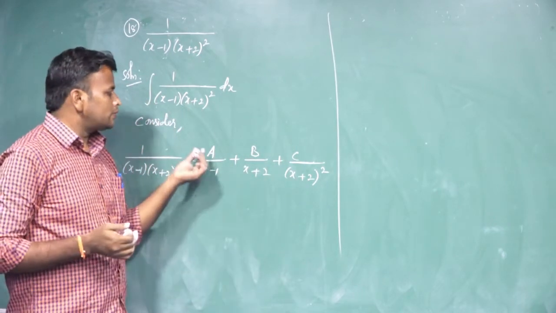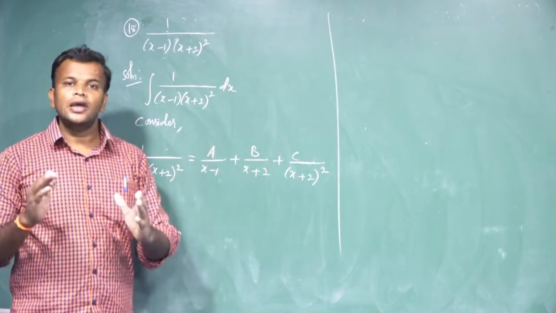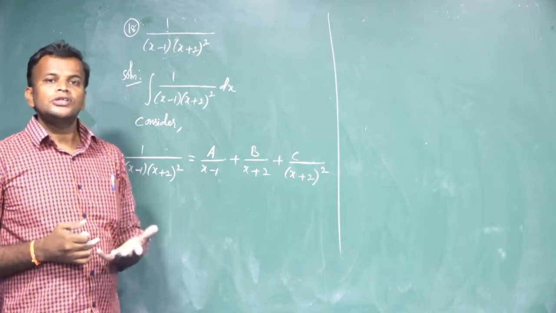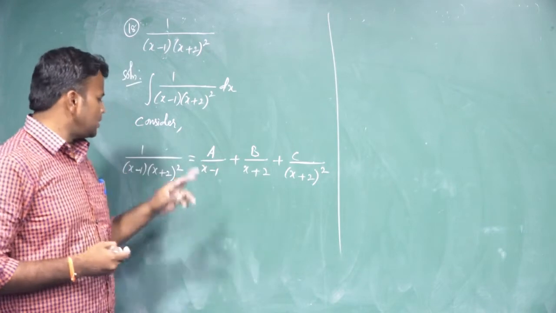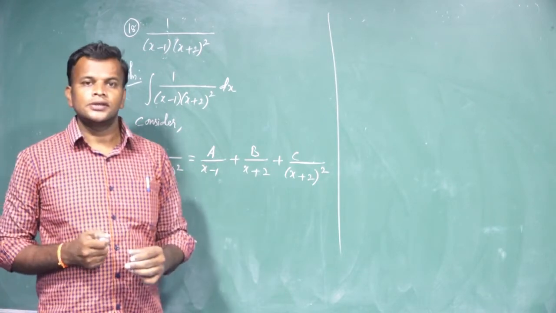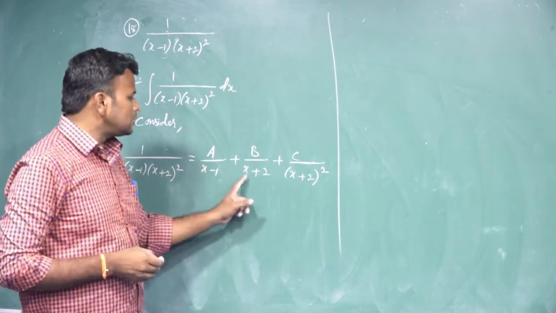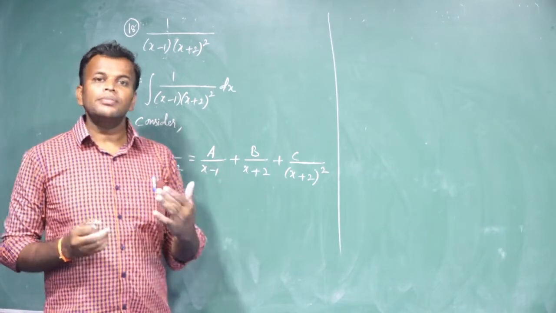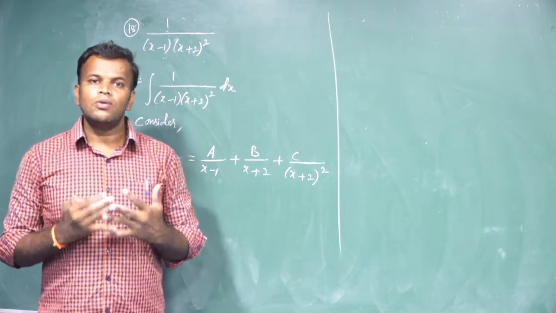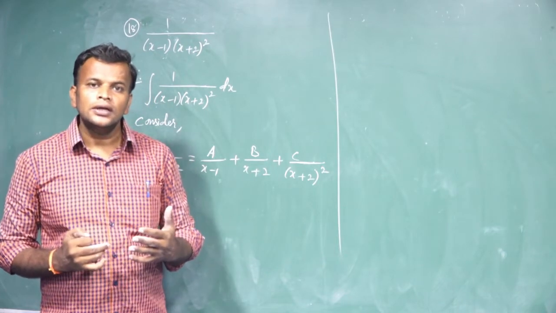How to find the unknown constants a, b and c? The same working rule. In the previous one there were just 2 terms, so we just cross multiply and cancel the denominators. But here there will be 3 terms. Suppose 3 terms become a single term. What is our work? Taking the LCM.